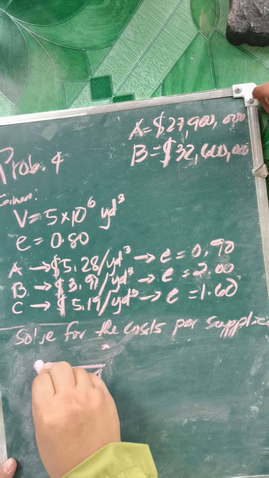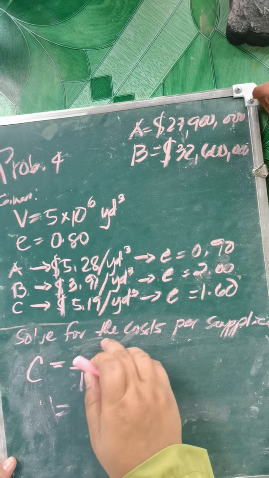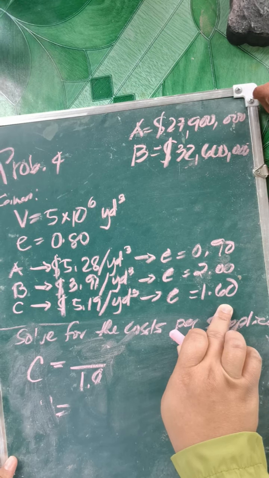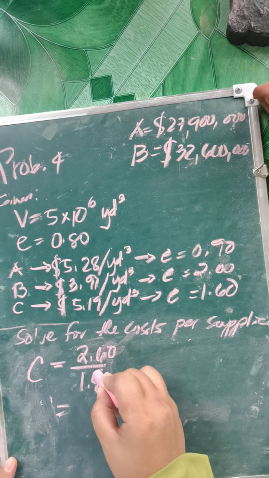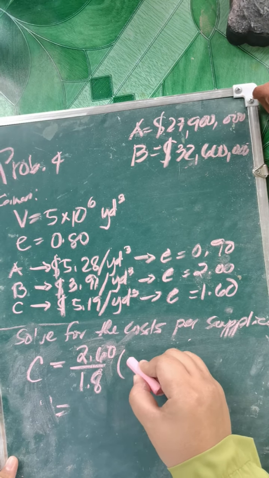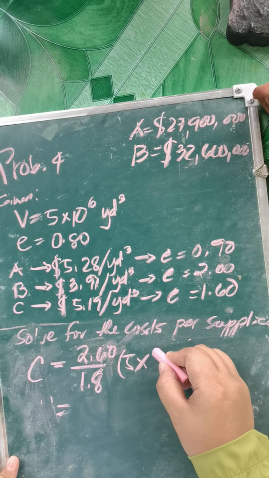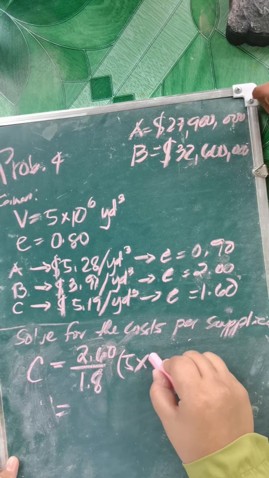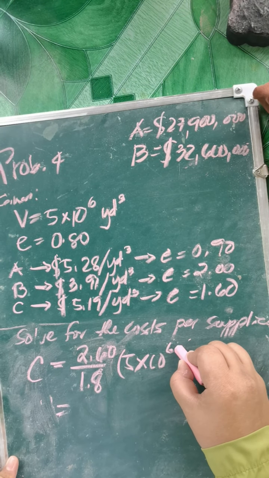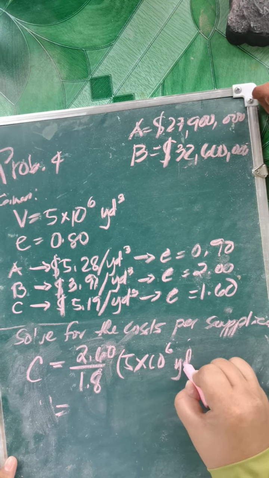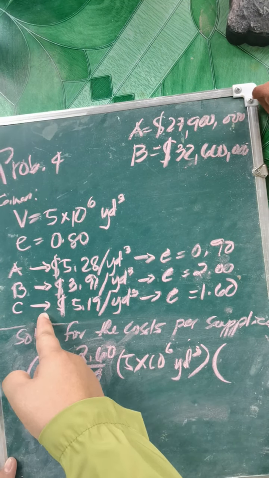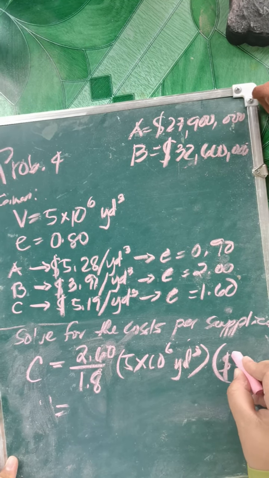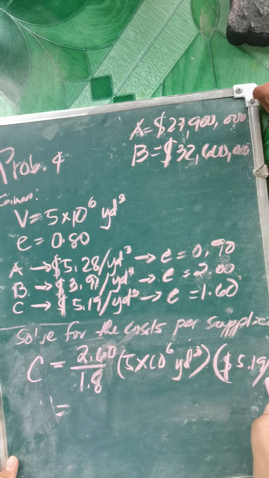Okay, for supplier C, the value here is 1.60 plus 1, so that is 2.60 divided by 1.8, multiplied by the 5 million cubic yards of soil. Then the price for C is $5.19 per cubic yard.